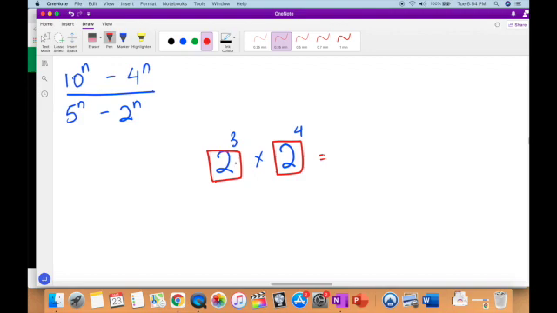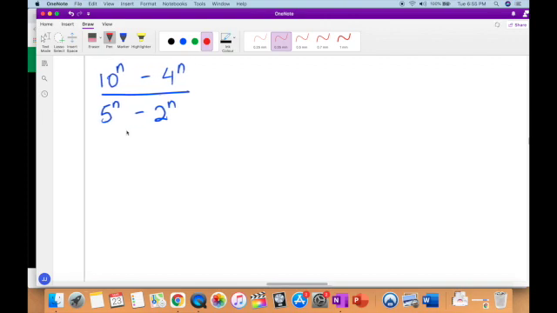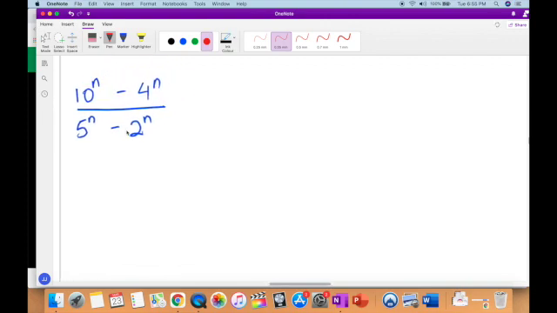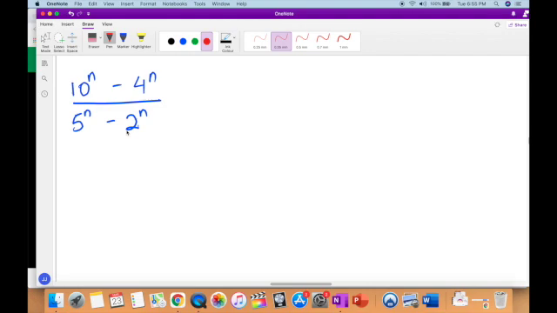So the base number has to be the same, and then we could say, well, that is 2 to the 3 plus 4, which is 7. The base numbers here are not the same, but maybe we could make them the same, right? The base numbers here, 10 and 4, those aren't the same, so we can't play with the indices at all. But what if we could make them the same?